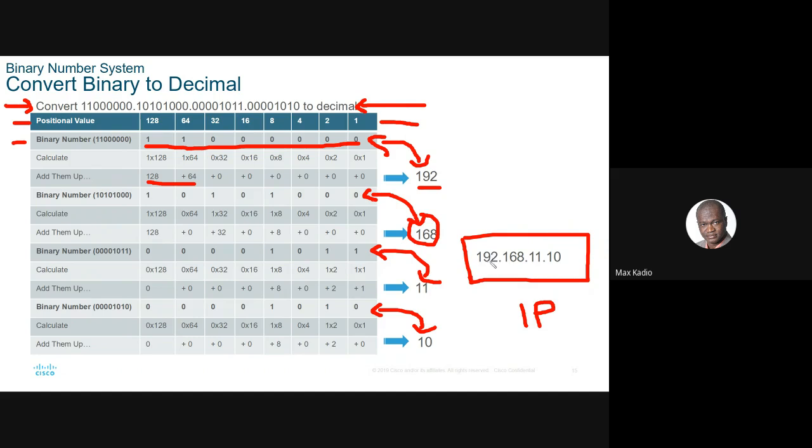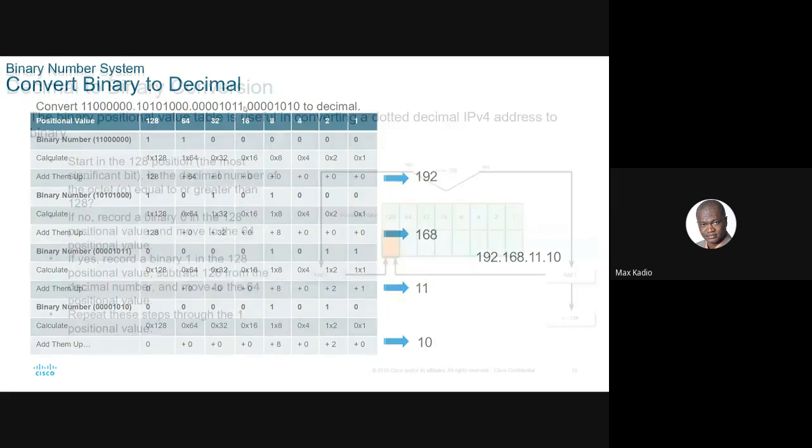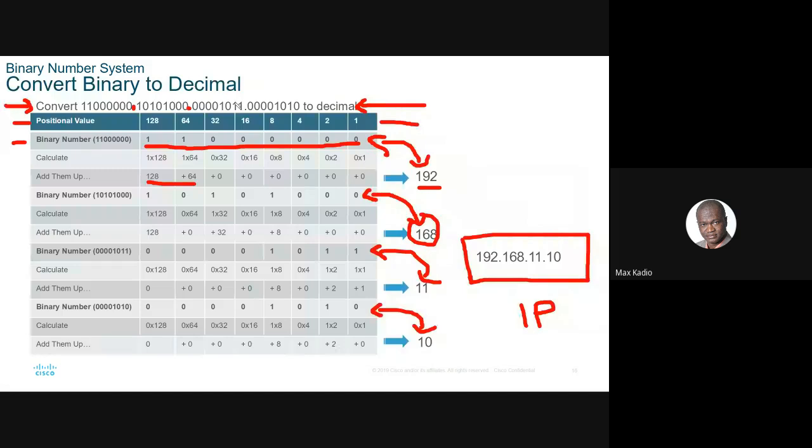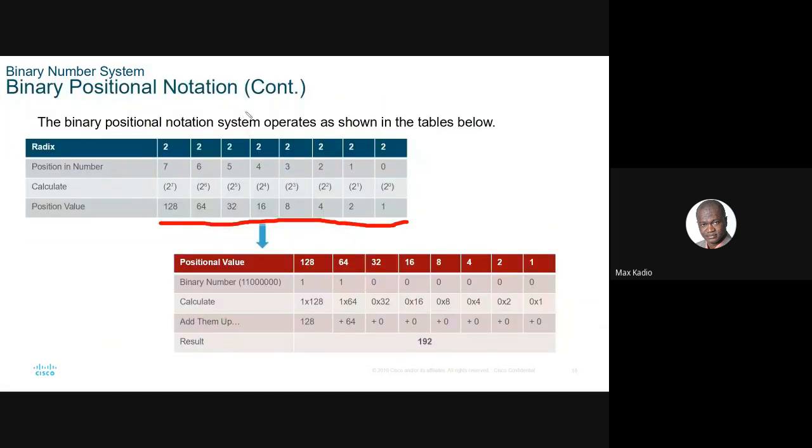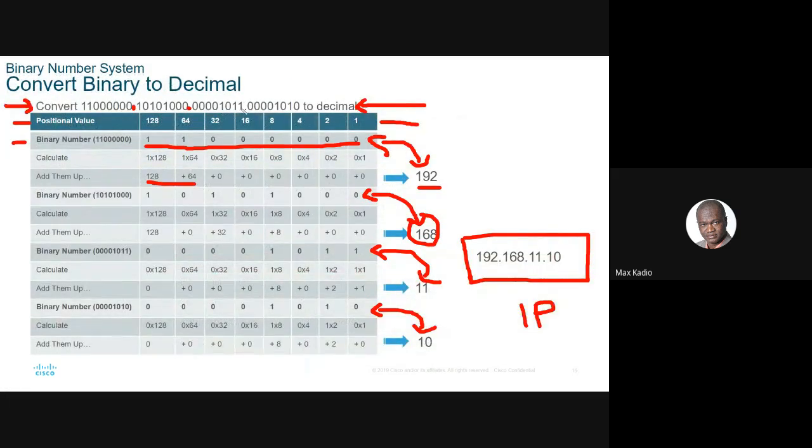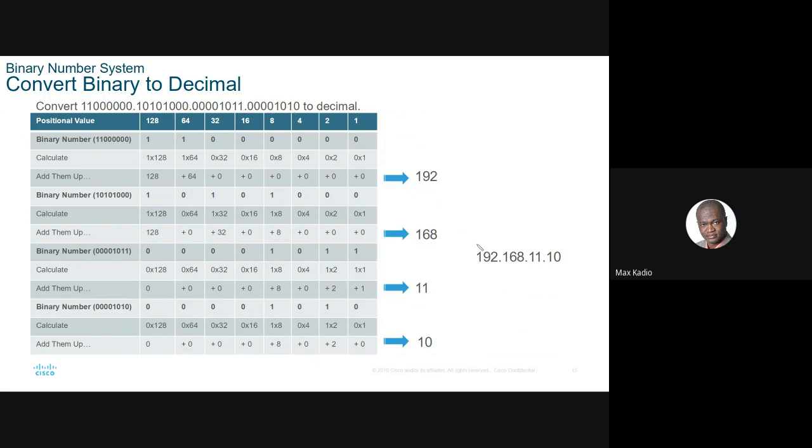But we need to convert all of them into binary for the PC to understand. So our 192, for us we understand 192.